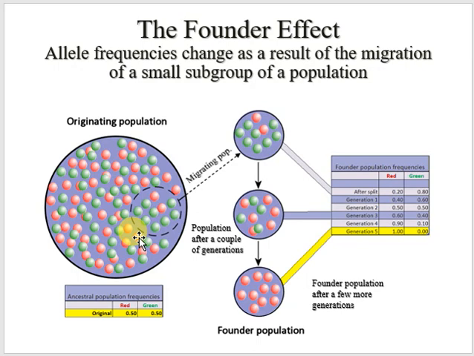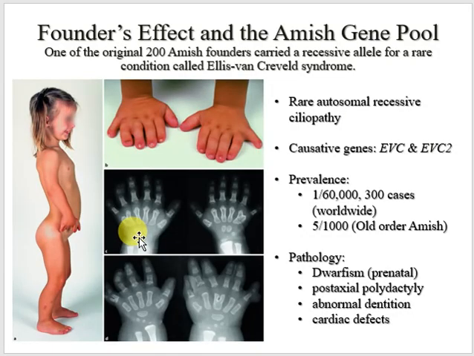And those few individuals will go on to reproduce, and those events are going to either fix or eliminate certain alleles, with one allele usually becoming fixed in a population, the other being eliminated. This was seen with, or this still is seen with, Amish populations.